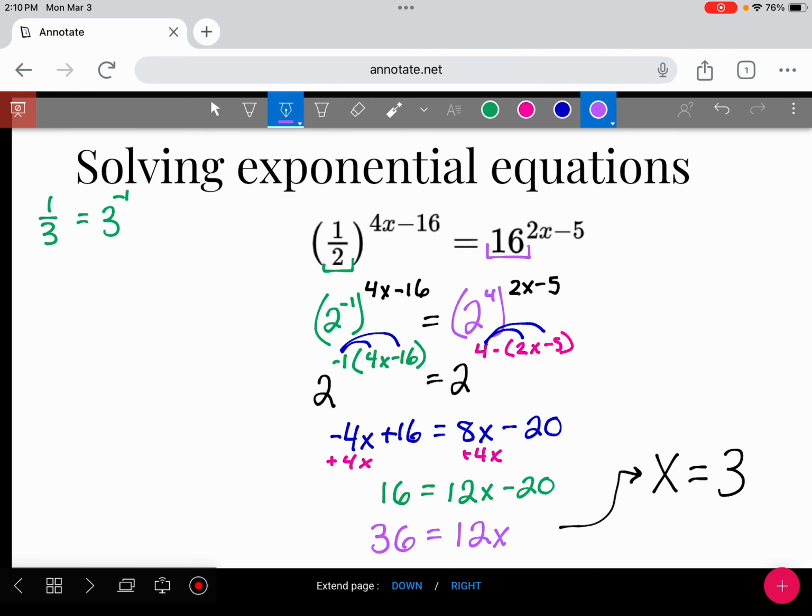If I get 1/4, I could write that as 4 to the minus 1 or 2 to the minus 2, whichever one helps me more, because 2 squared is 4. To flip it, I can make it negative. These two things are equivalent, just like 2 squared and 4 are the same thing. So anything that's a fraction, we can put it as whatever the denominator is, to the minus 1.